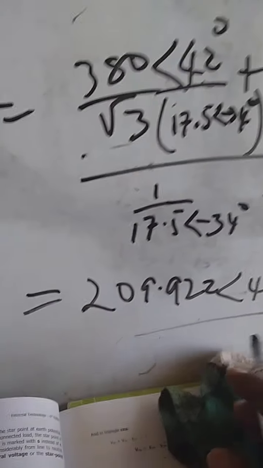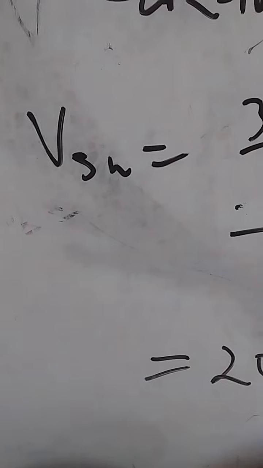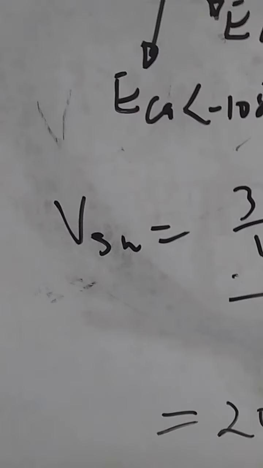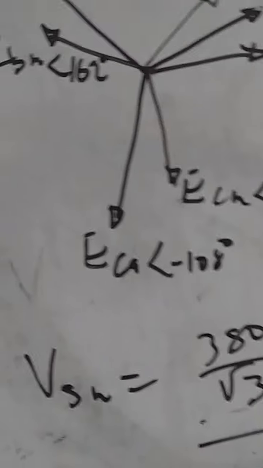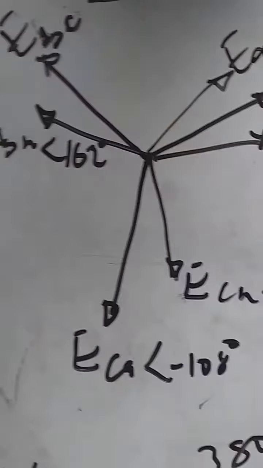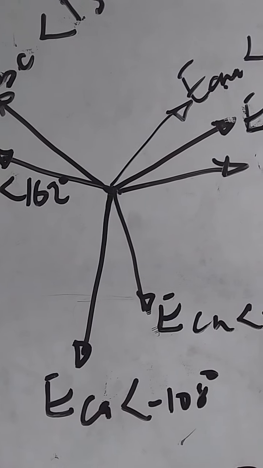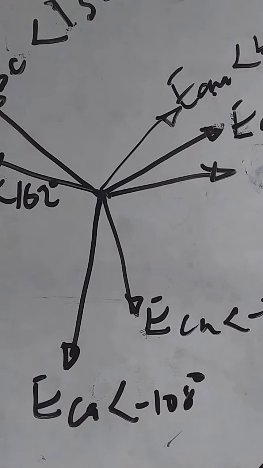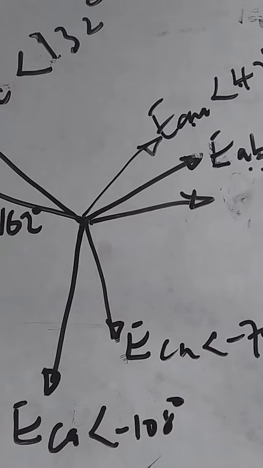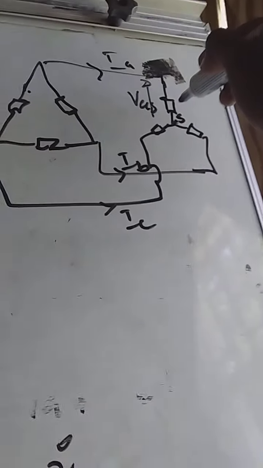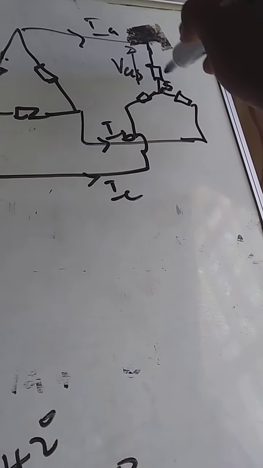Now that you have your VSN, let's not forget what you are trying to calculate: the line currents. Take IA, for example. This point is S now, because there's no neutral. So this voltage is VAS.